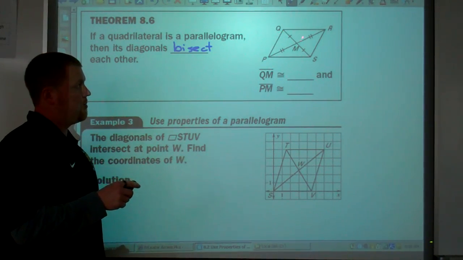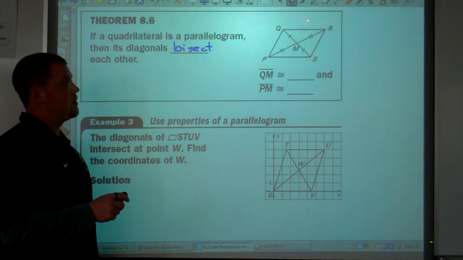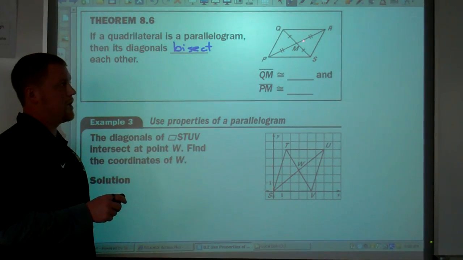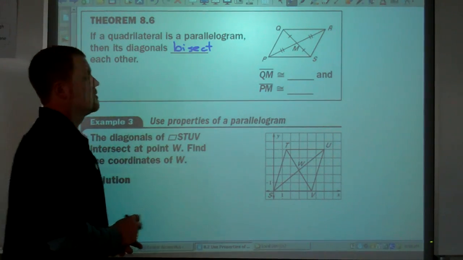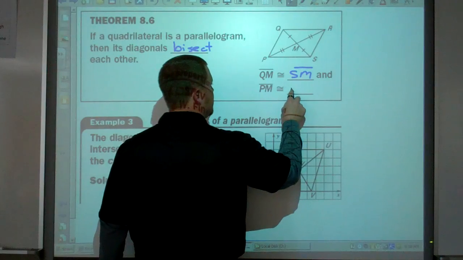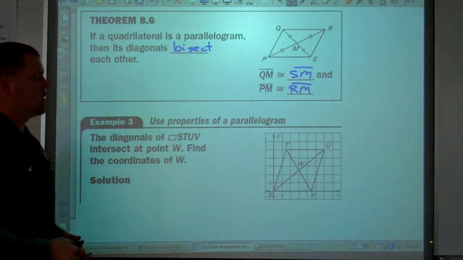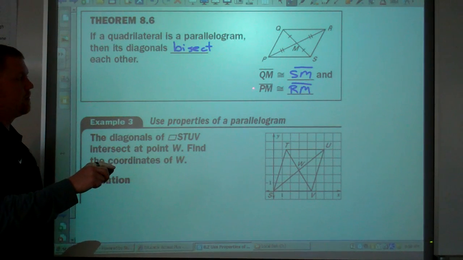So segment QM is congruent to segment SM, and segment PM is congruent to segment RM. And they're not necessarily congruent to each other. So segment RM is not necessarily congruent to segment QM. It does not have to be.